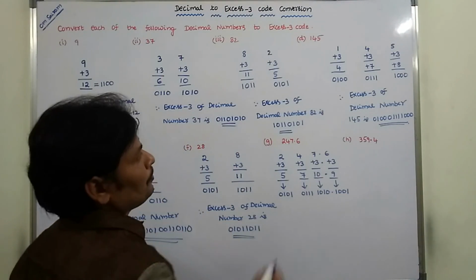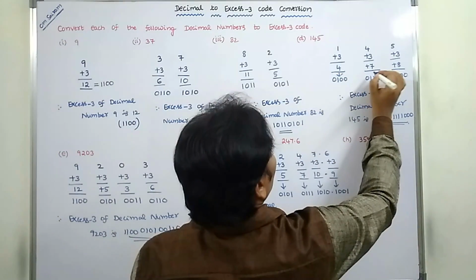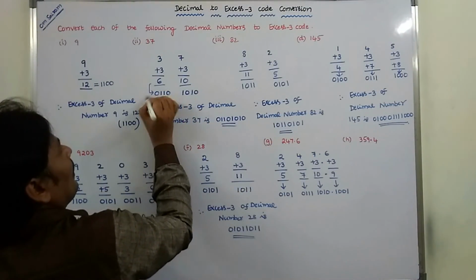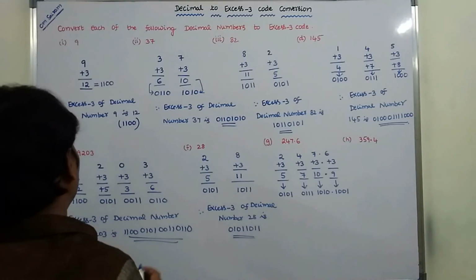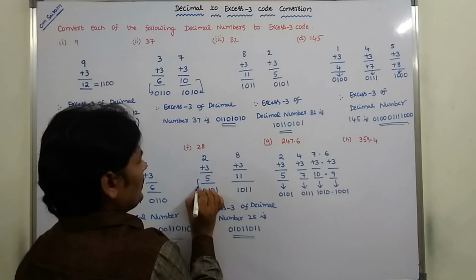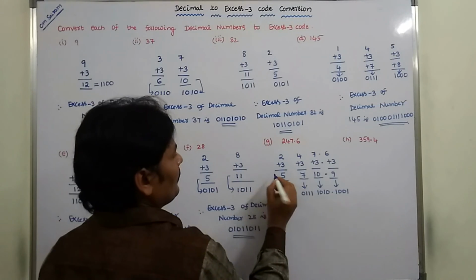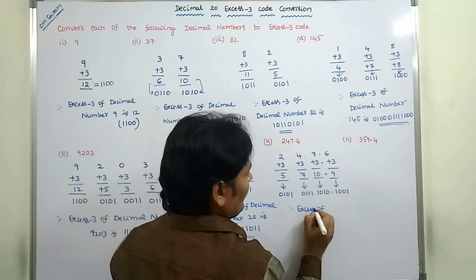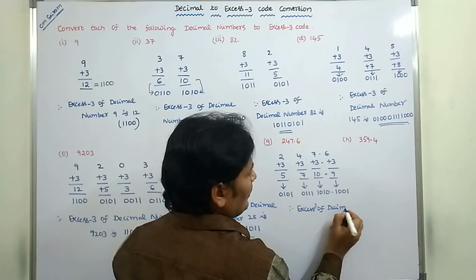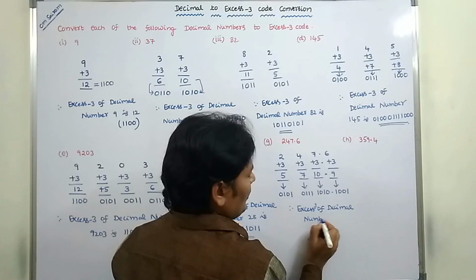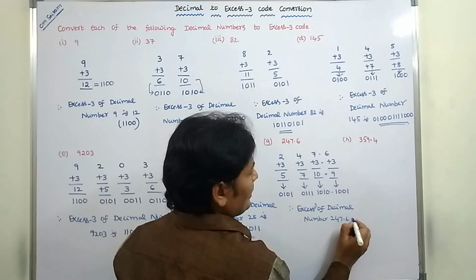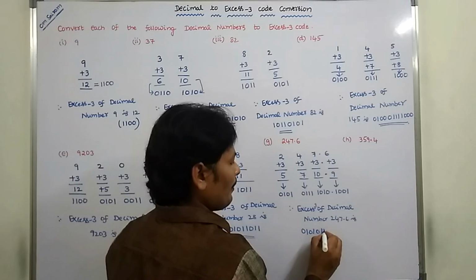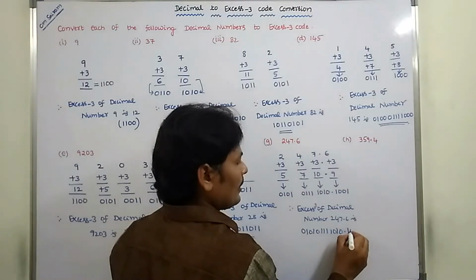So therefore, excess-3 of decimal number 247.6 is, we have to combine all these binary digits, 0101 0111 1010.1001.